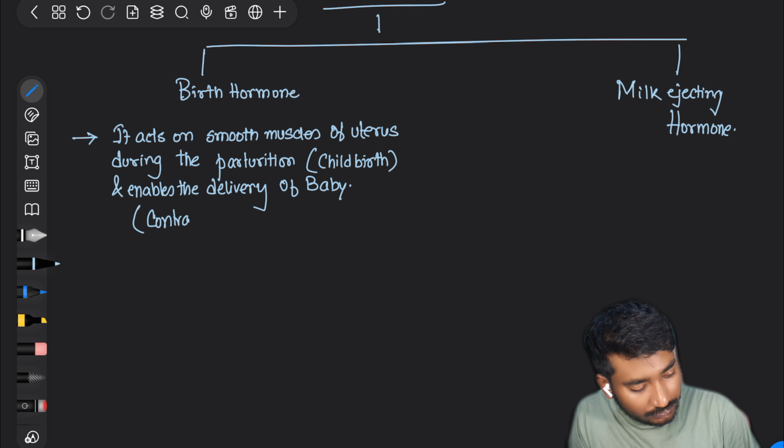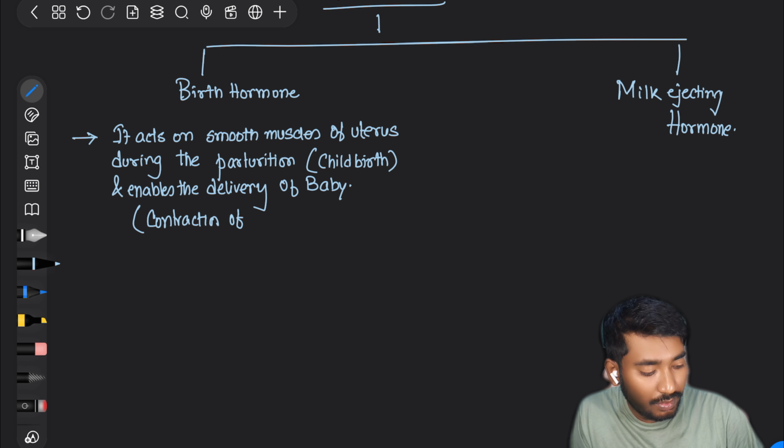The contraction of the smooth muscle of the uterus is made by oxytocin.